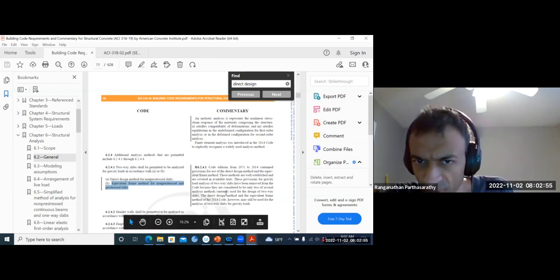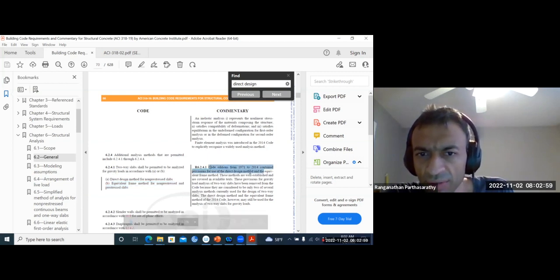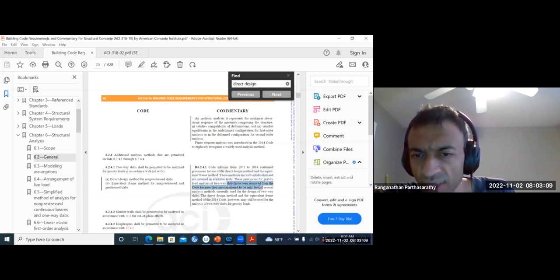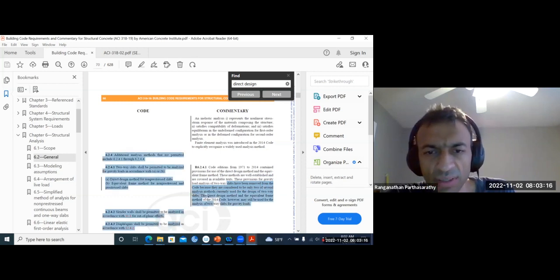So, code provisions up to 2014 contained the direct design method and equivalent frame method, but these methods are well established and covered in available texts. The provisions for gravity load analysis have been removed because they are considered to be only two of several analysis methods.